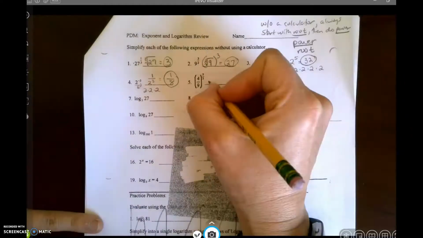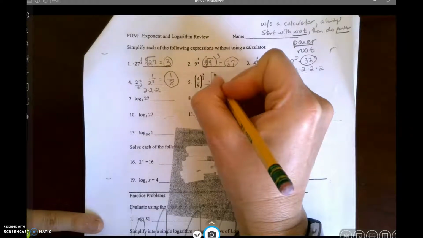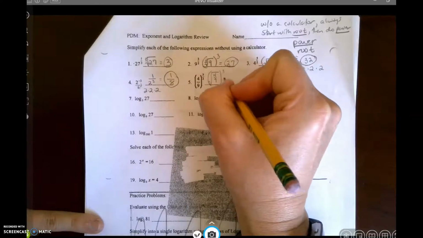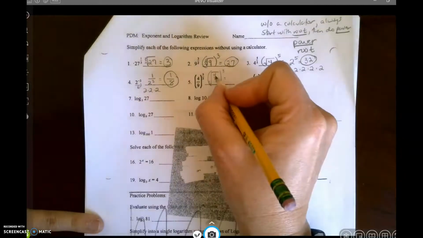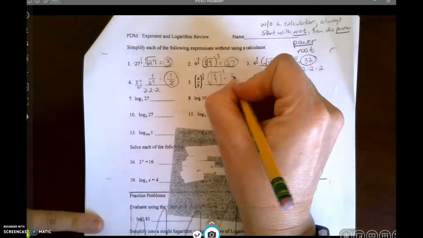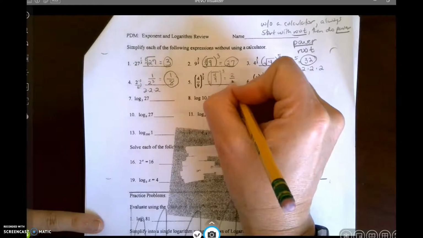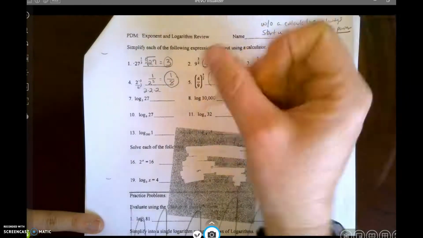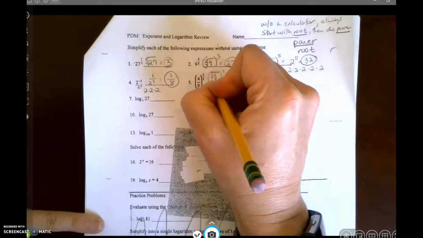Right, 4/9 to the 3/2 power. Remember, always start with root. So the square root of 4/9, and I'll cube that. Well, I know that the square root of 4 is 2, and I know that the square root of 9 is 3, because I can think of this, when it's the square root of a fraction, as the square root of 4 over the square root of 9.